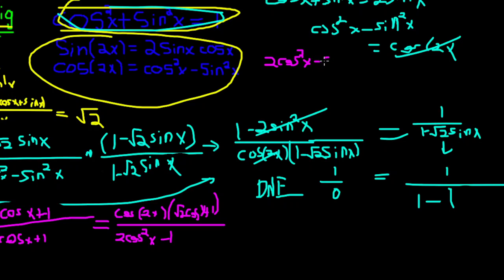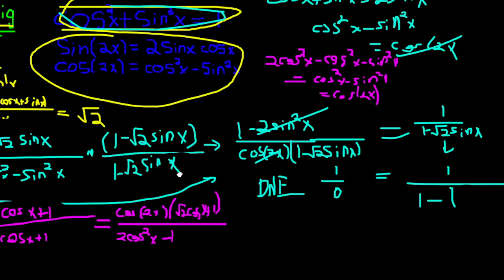So minus cosine squared, and then minus sine squared. And that is equal to cosine squared minus sine squared, which once again is equal to cosine of 2x.